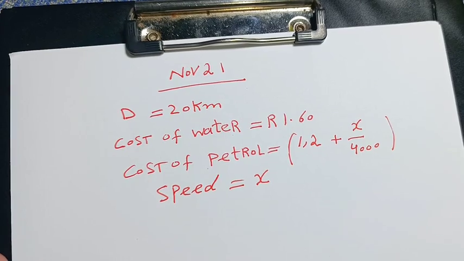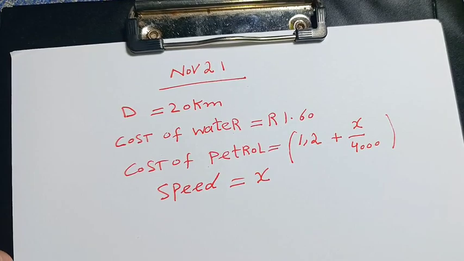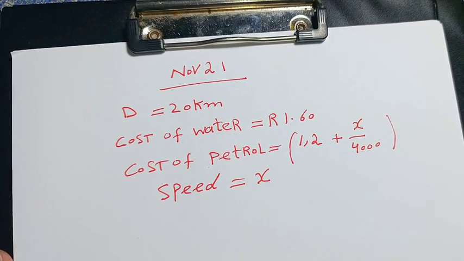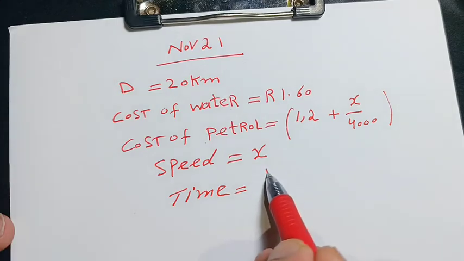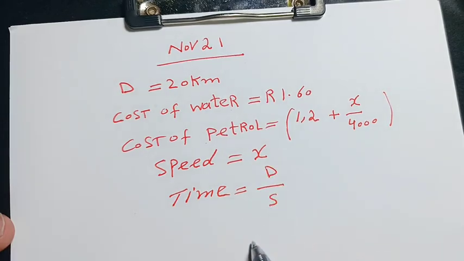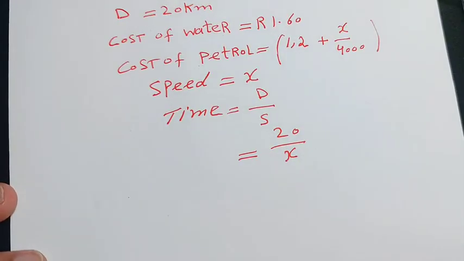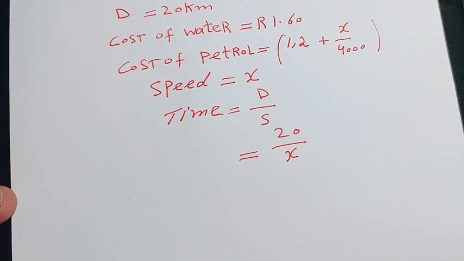So now first of all I need to find the time. Time is the time taken to return home. So the time is going to be distance over speed. The distance we have is 20 kilometers, and the speed we have is x. So 20 over x, that is the time. Now we need to find the cost of water.